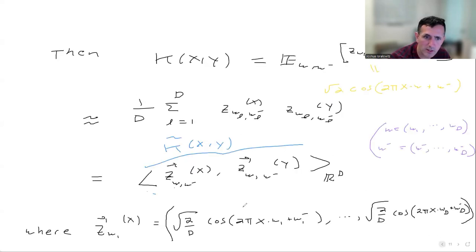For example, this would be Z1 of W1, W1 prime, and this would be ZD of WD, WD prime. The notation is confusing.